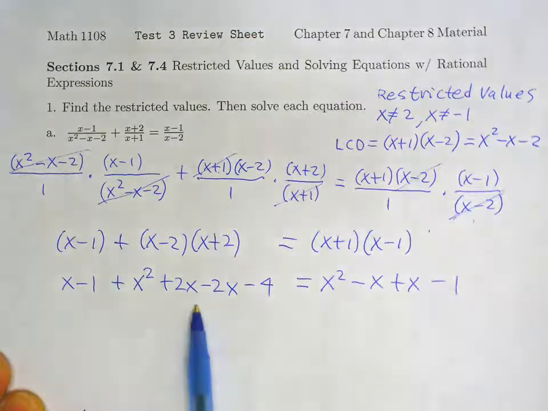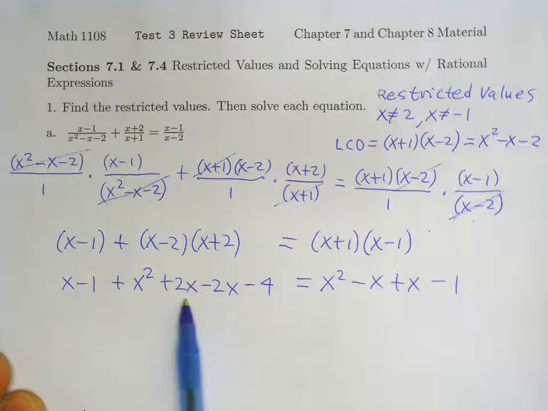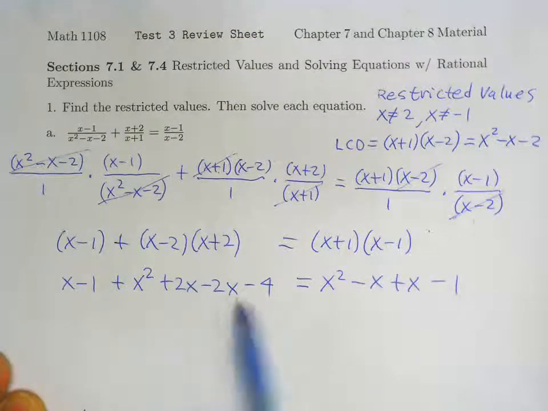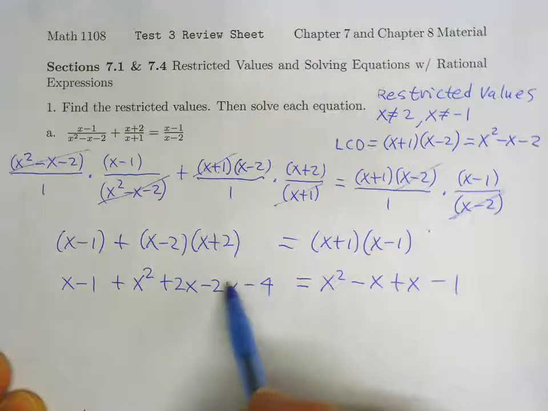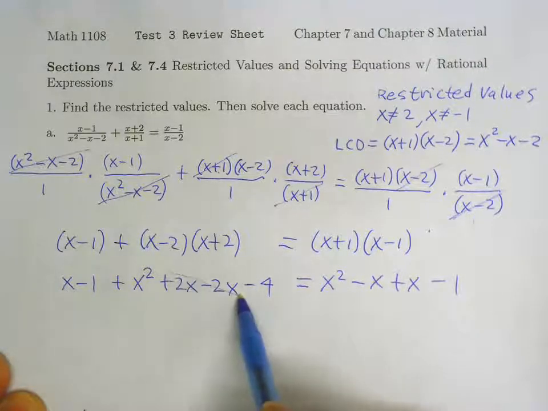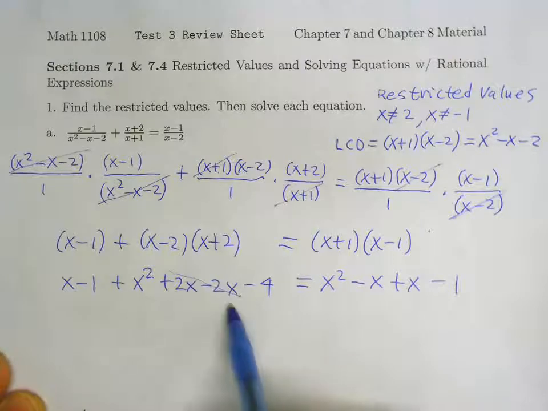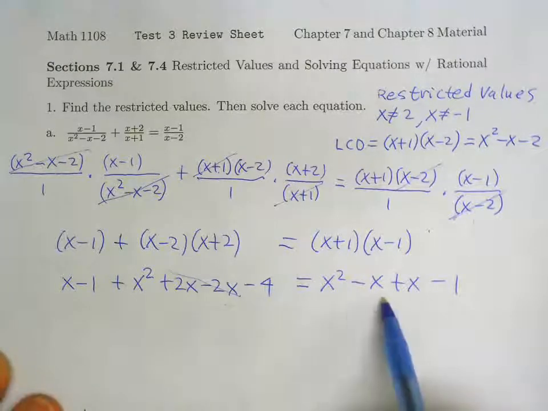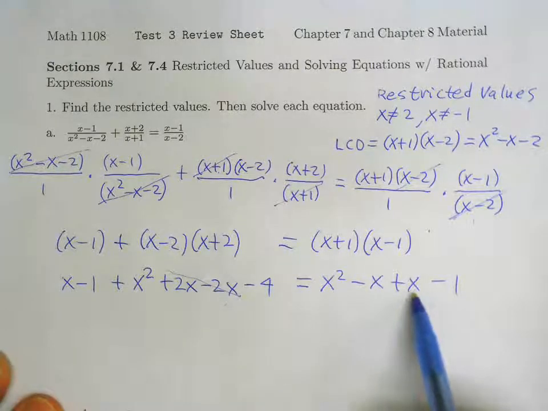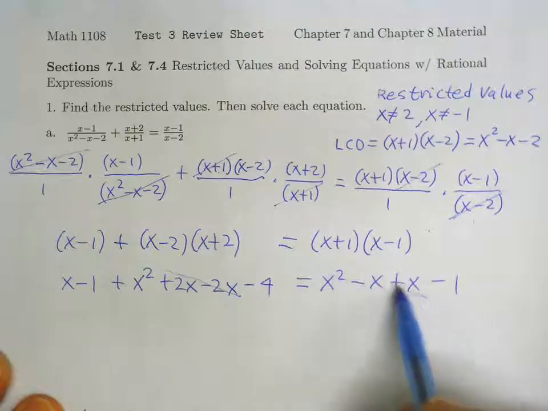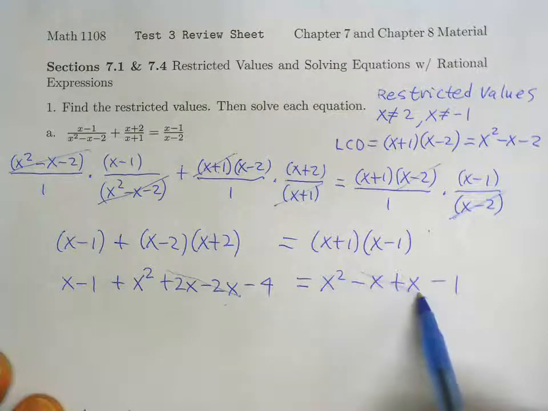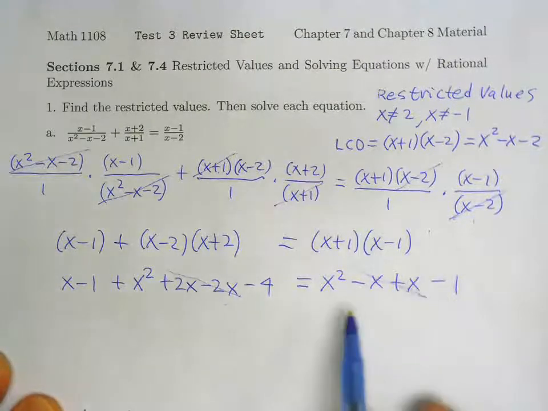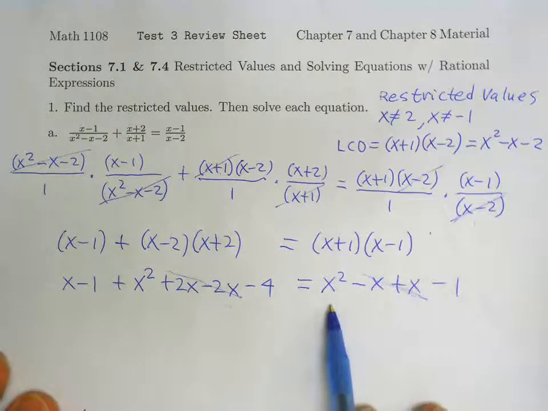And we'll combine like terms. Notice the 2x minus 2x, those combine to make 0, so those cancel each other out. And on the right-hand side, the minus x plus x, those also add up to 0, so those cancel each other out.